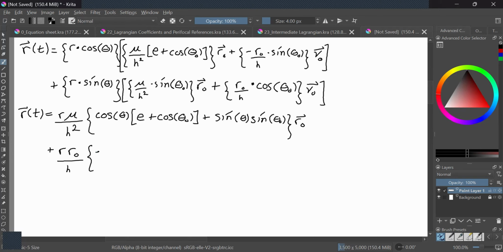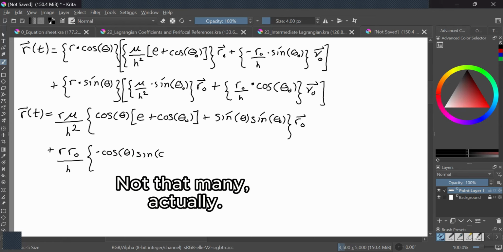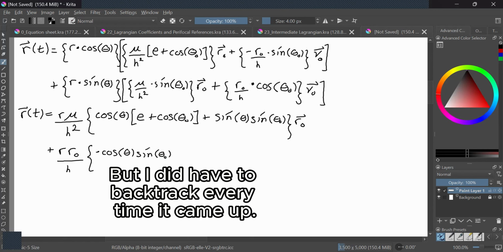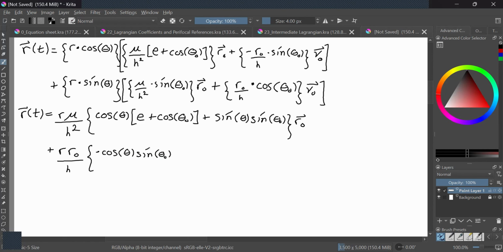I cannot tell you how many times I had to throw out a take because I was not carrying over the minus sign. There we go. That's the first one. And then the second is a plus, and it's sine cosine. Sine of theta times the cosine of theta naught. And that is in the v naught direction.